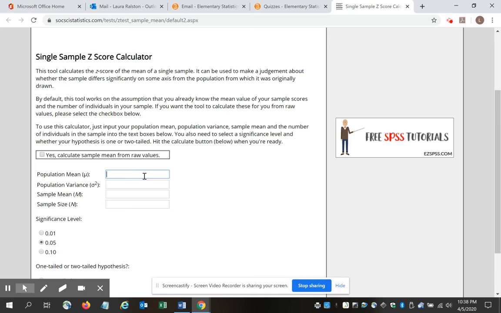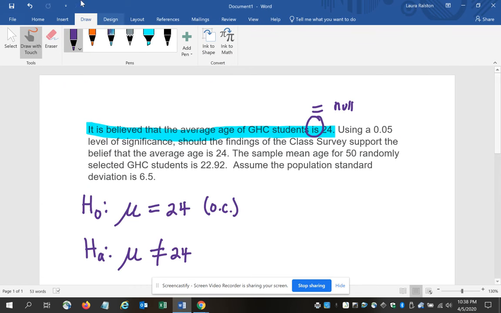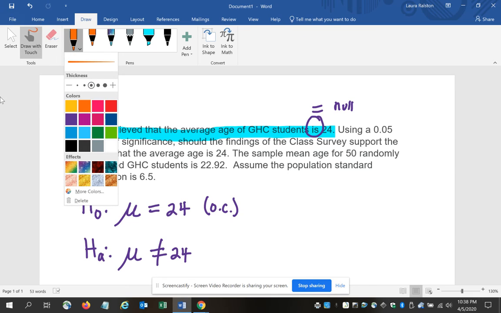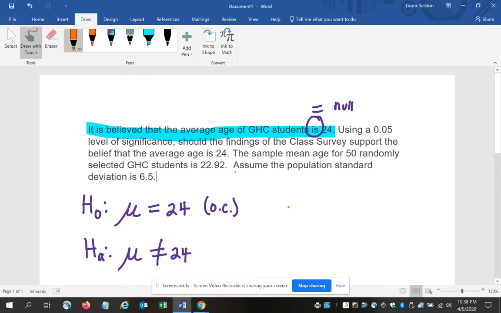Okay, so the population mean, which comes from the hypothesis, is 24. The population variance, and I'm going to go back to the question here and point this out. The last sentence here says, assume the population standard deviation is 0.55. Guys, that's that standard deviation.